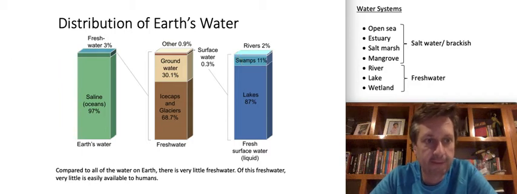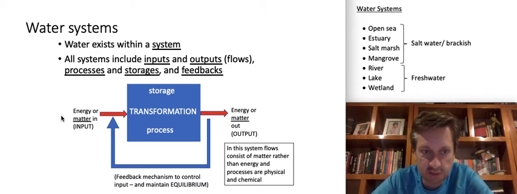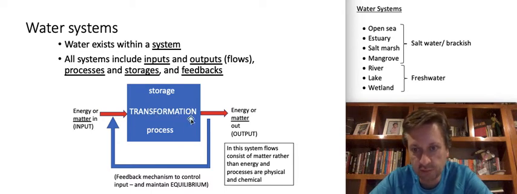Okay, moving on again. This is our classic model of a system. A system consists of energy or matter in, energy or matter out, some form of feedback loop, and then transformation or transfer processes inside the system and storages.